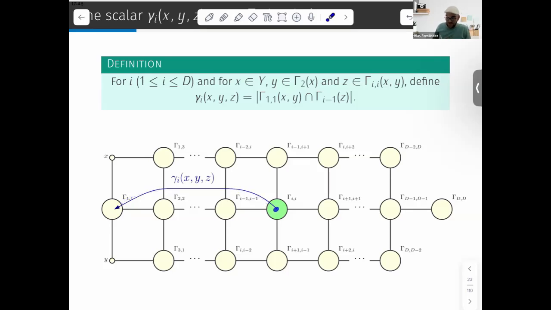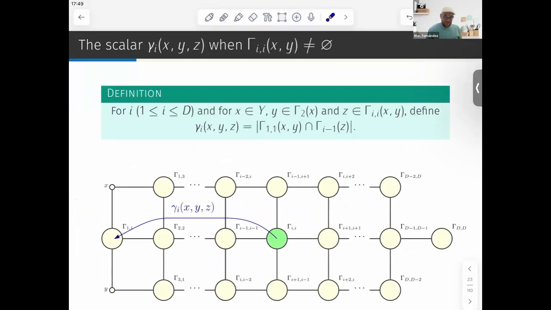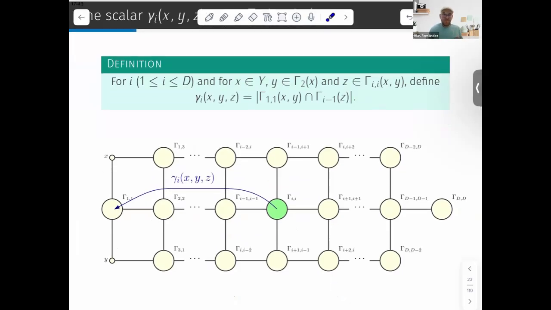So we pick a vertex z here, and we just count how many paths of length i-1 we have between the vertex z and vertices which are common neighbors of x and y. And this number will be denoted by gamma i of x, y, and z. So this is a more visual representation of our scalar.